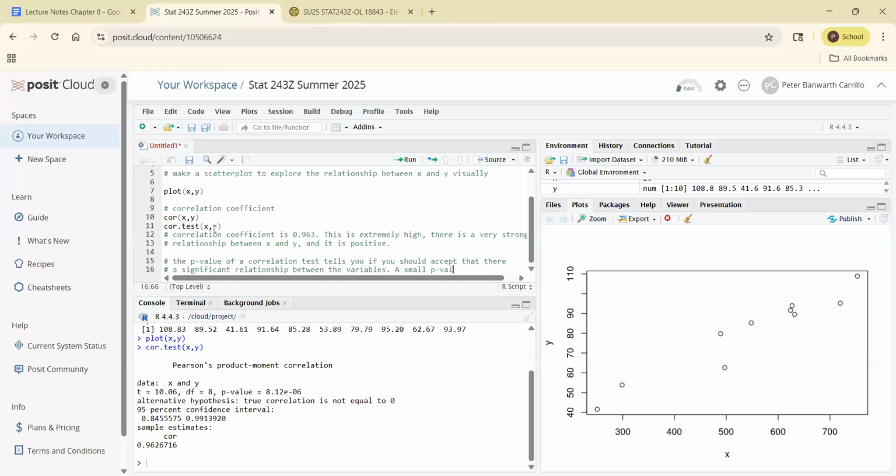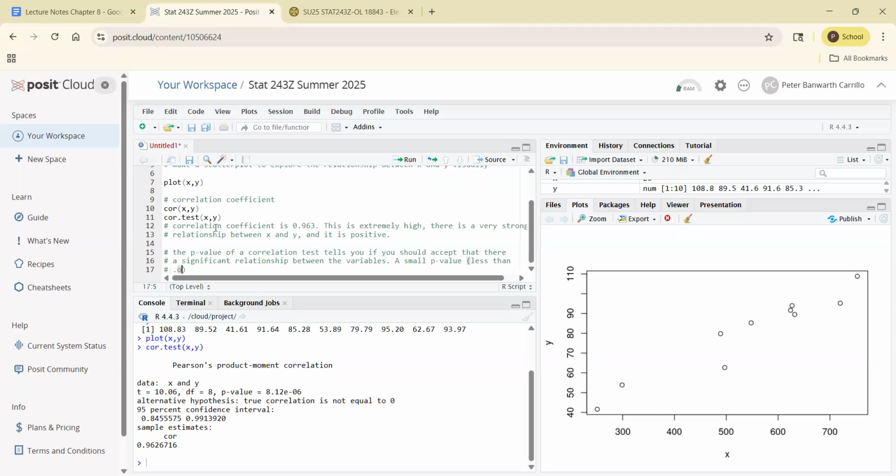A small p-value, let's say less than 0.05, is usually required to conclude that the relationship is significant.